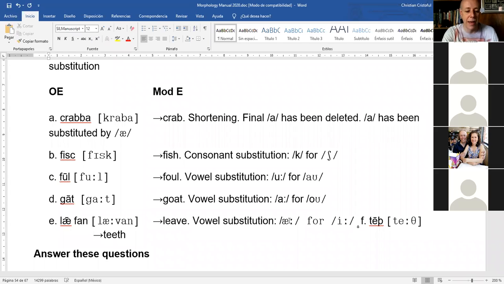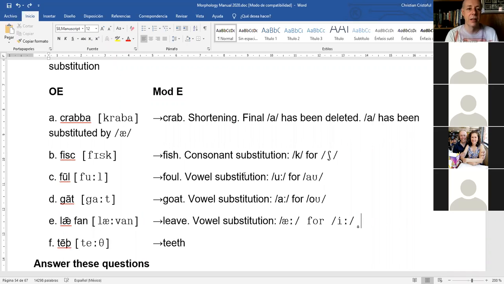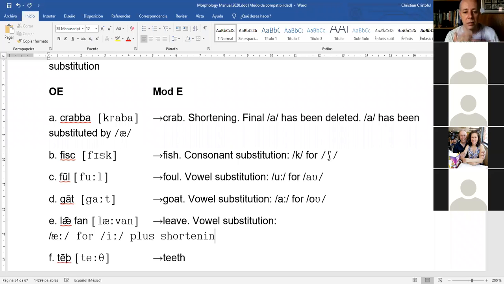Oops, sorry, my mistake. Plus shortening. And which parts were shortened? Which parts were deleted?